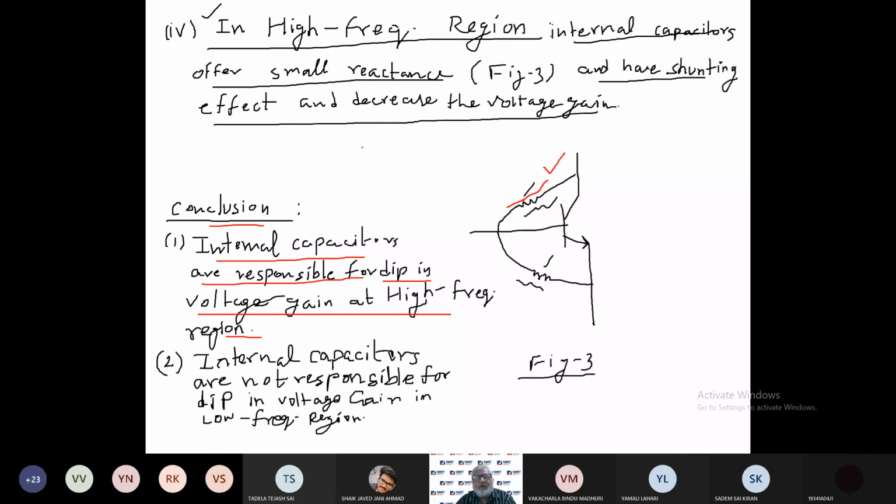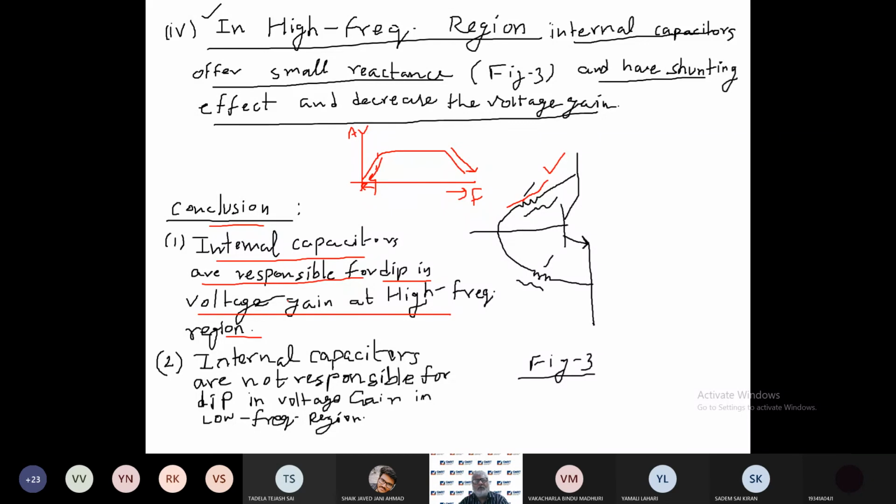Okay, so if you recall this curve, the voltage gain and frequency curve, this is your voltage gain AV. On the x-axis we are taking the frequency. So there is a decrement of the voltage gain in this low frequency region, and a decrement of the voltage gain in this high frequency region.